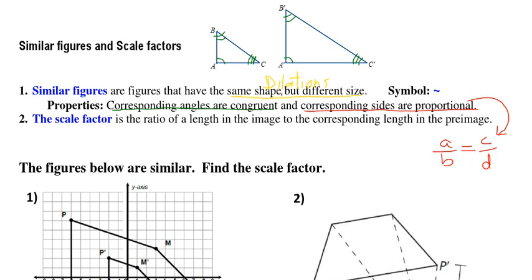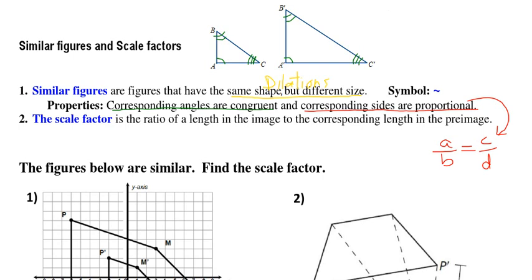So it means that with the corresponding sides of similar figures, you could write proportions because the ratio of any corresponding sides should be equal to the ratio of another pair of corresponding sides.